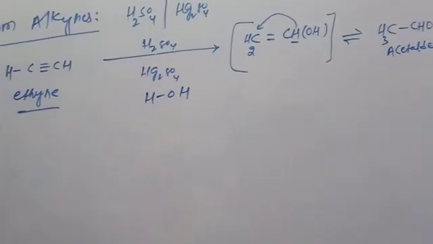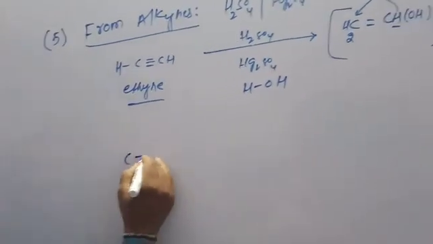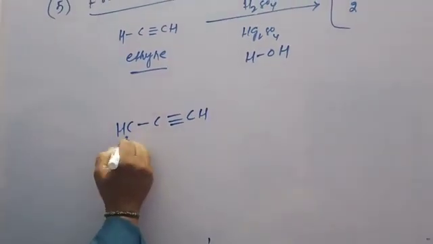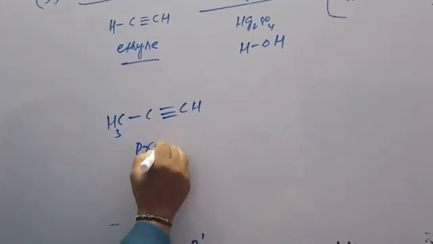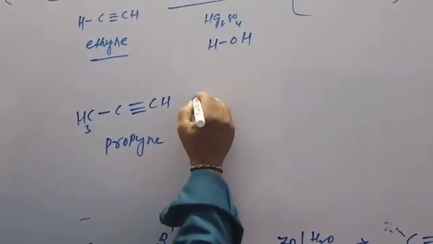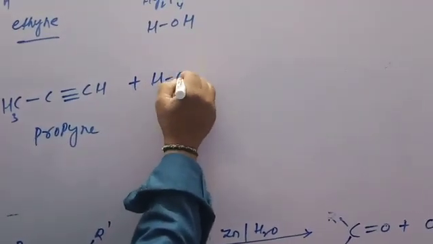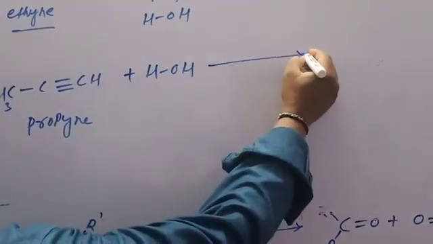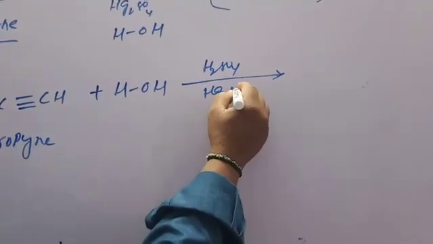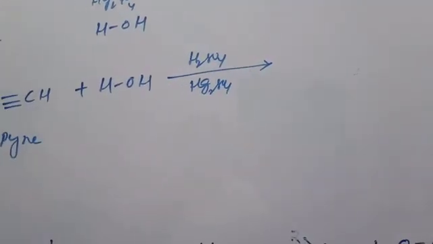For example, let us consider propyne. So it is C3, CH3 single bond C triple bond CH. It is the propyne. So then propyne plus HOH, hydrolysis in the presence of H2SO4 and HgSO4.